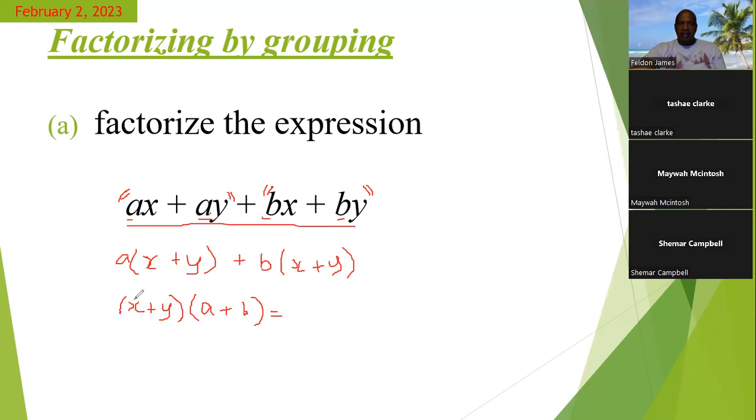So we have x times a. If you write your product in alphabetical order, then you will get ax for the first term. All right, so that's when we multiply these two together. Now we use the x now times b, and so we will get bx.